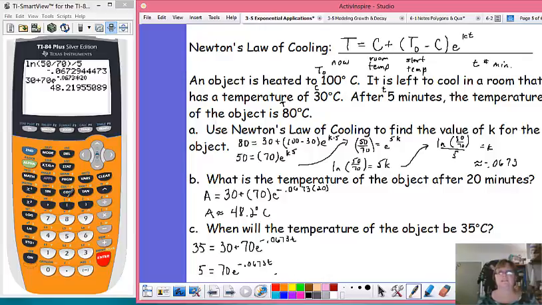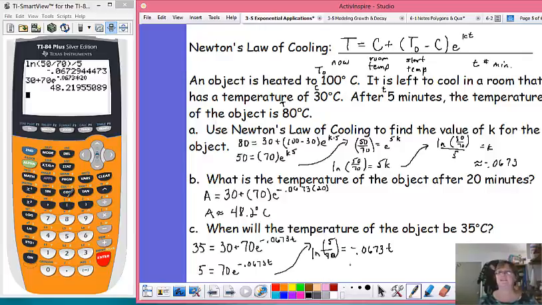Divide by 70. So 5 over 70 is equal to, and use the power rule. See, this is going to end up being a natural log. Natural log of 5 over 70 equals negative 0.0673 t.